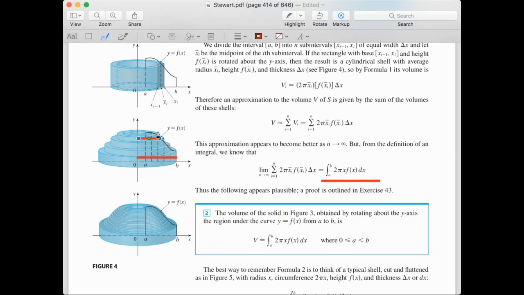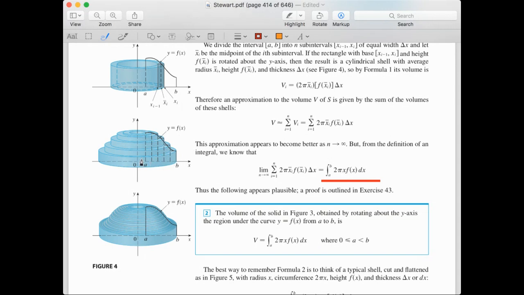The circumference of each circle is 2 pi x, or 2 pi r, the r is x. Then what's the height? In this case the height is f of x, the function value, the y value.